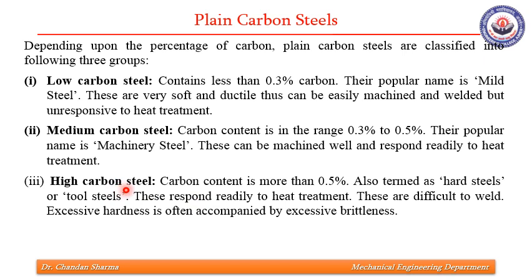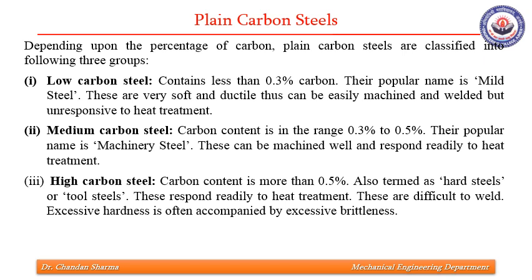Further, high carbon steels are steels that have carbon more than 0.5%. They are also termed as hard steels or tool steels. Whatever tools are used in the workshop, be it the single point cutting tool of a lathe machine, bits used in a drilling machine, or a milling cutter, they are made up of high carbon steel.